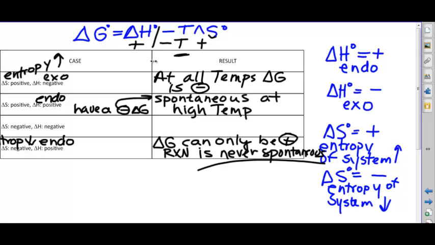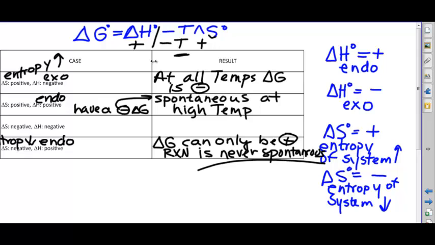Driving force is the word they use. Entropy becomes the driving force for the spontaneity of delta G as temperature goes up.